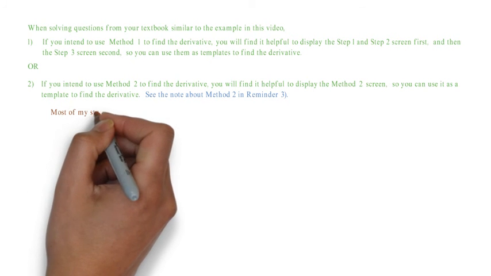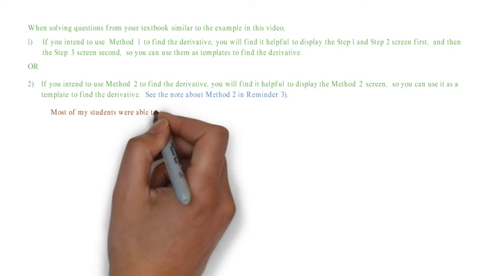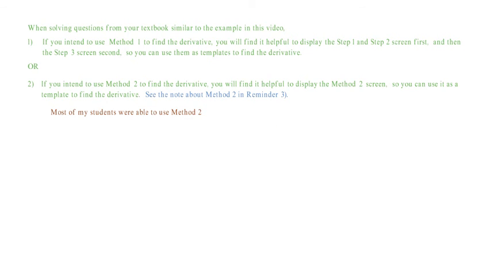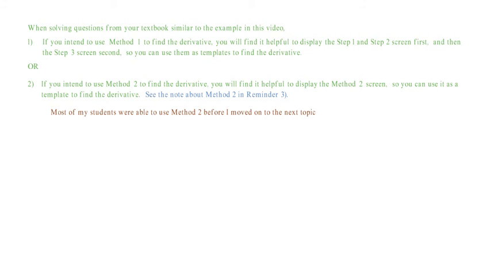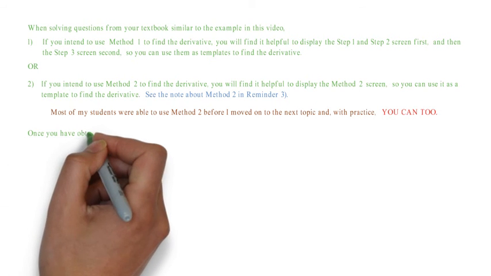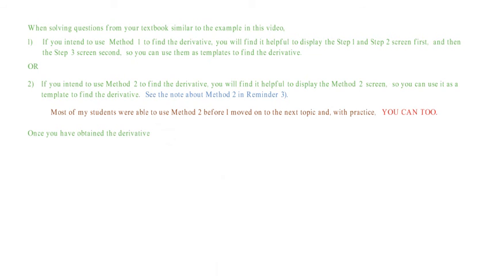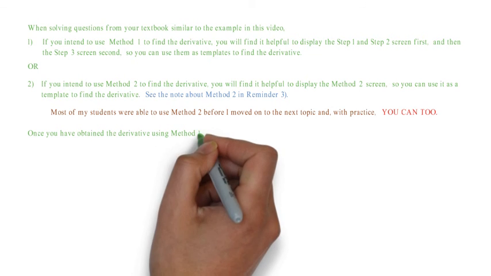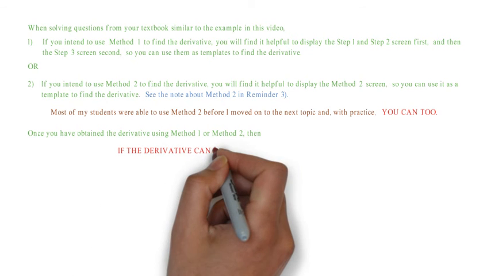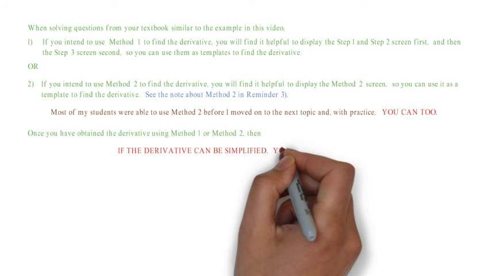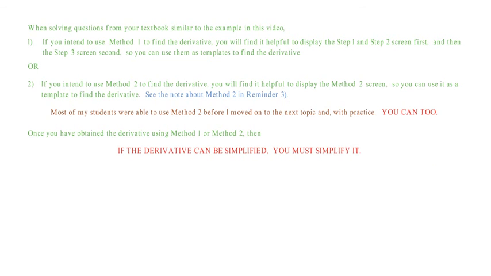Most of my students were able to use Method 2 before I moved on to the next topic, and with practice, you can too. Once you have obtained the derivative using Method 1 or Method 2, then, if the derivative can be simplified, you must simplify it.